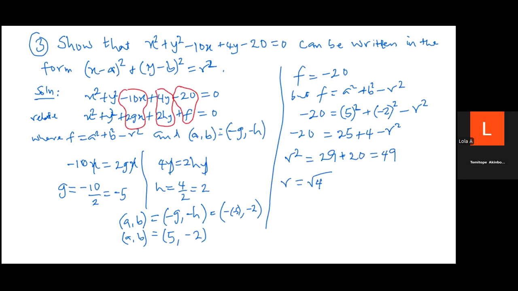Hence, don't forget the question says we should express it in the form (x minus a) squared plus (y minus b) squared.